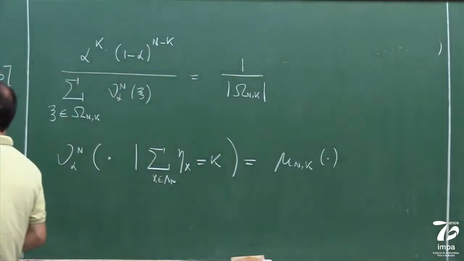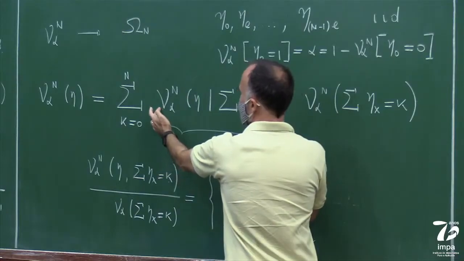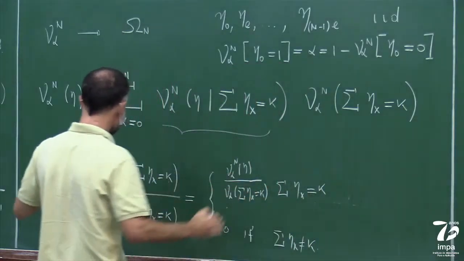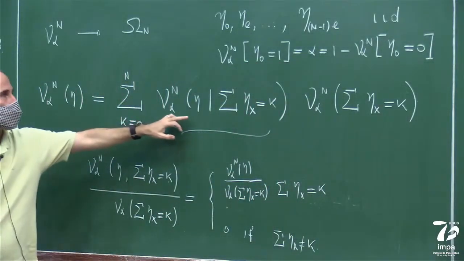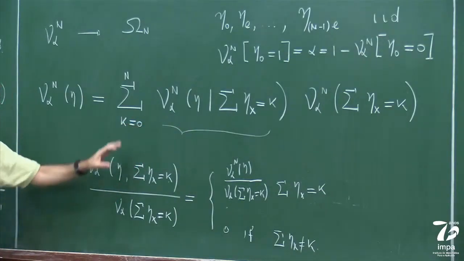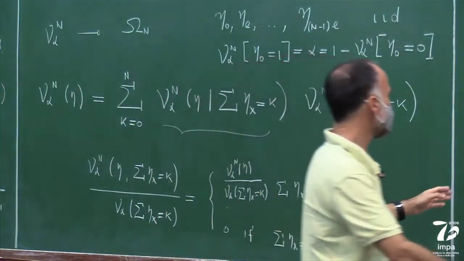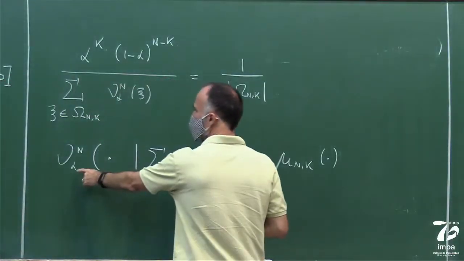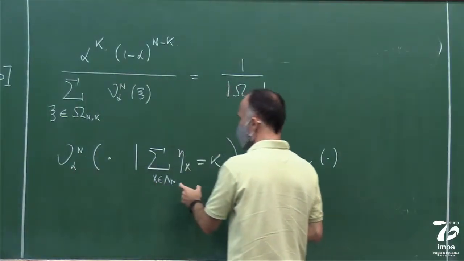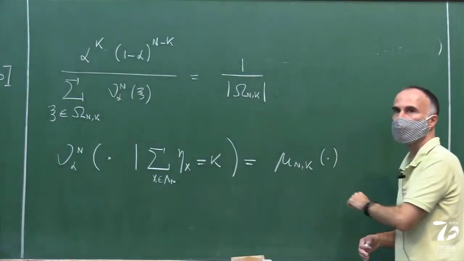Here I computed the conditional probability. So this is what I computed here, right? Because I'm computing the conditional probability, so I'm taking the intersection and dividing by this. What we proved is that if I condition the Bernoulli measure over configurations with a fixed number of particles, I get the uniform measure.